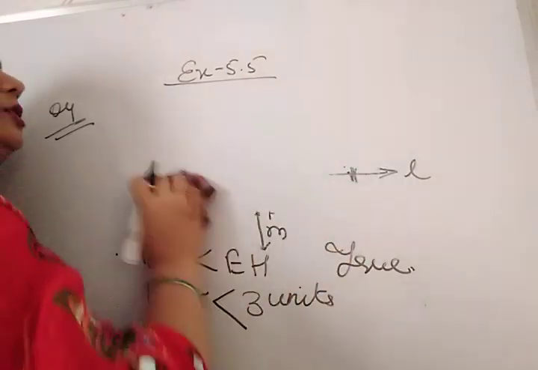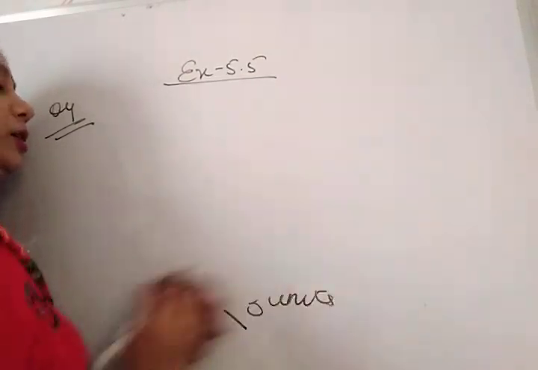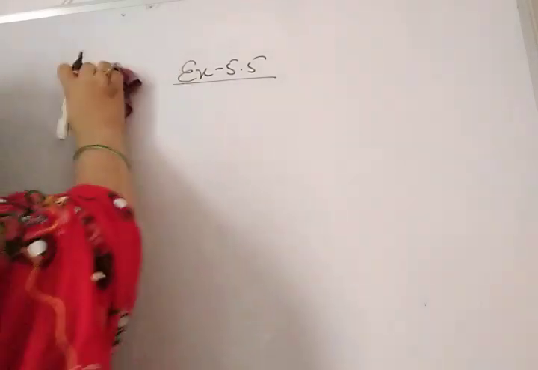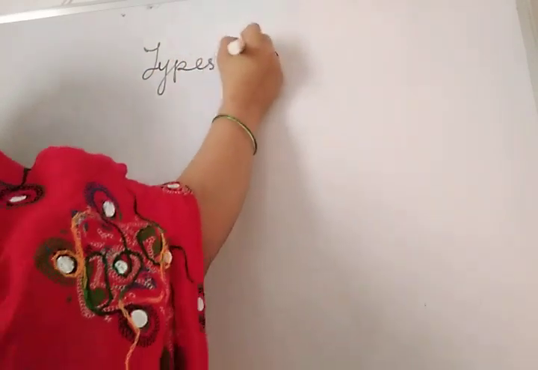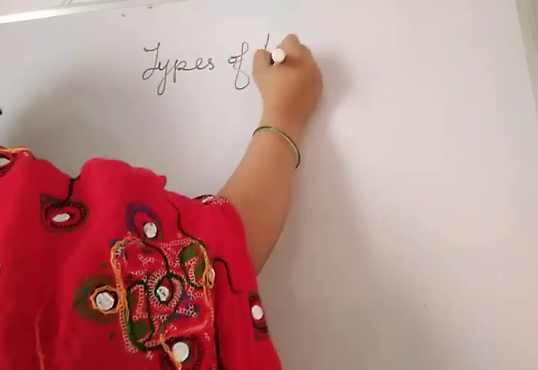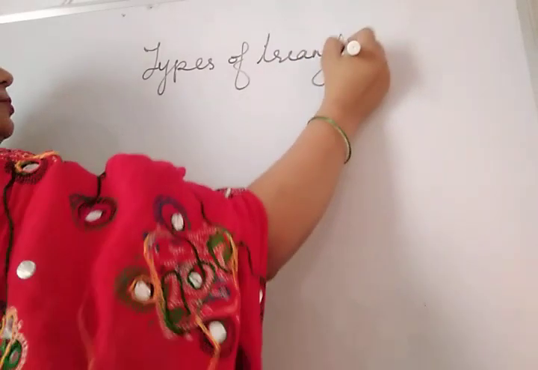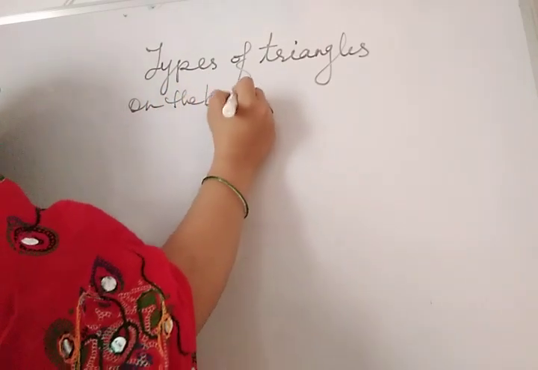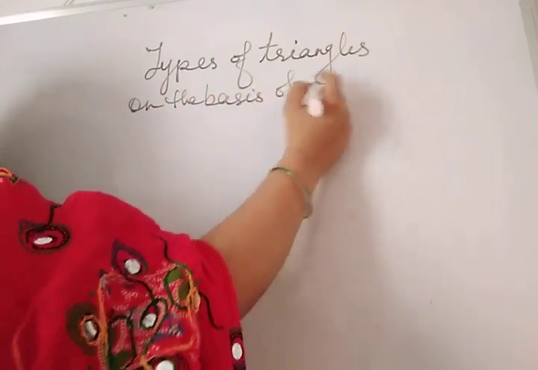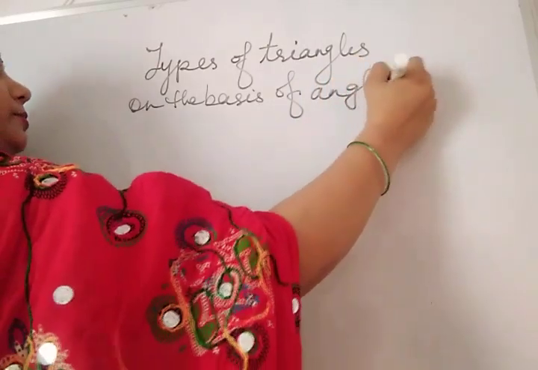Now we have to understand the concept of types of triangles on the basis of angles and sides for the next exercise. Now, the types of triangles on the basis of angles.